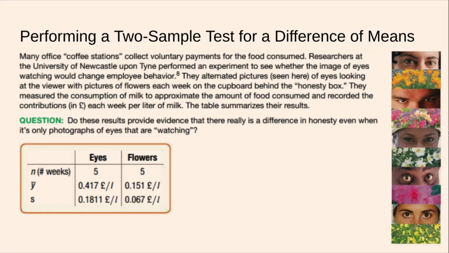We're going to look at another example about performing a two-sample test for the difference of means. Many office coffee stations, so says our textbook, collect voluntary payments for the food consumed. Researchers at the University of Newcastle upon Tyne performed an experiment to see whether the image of eyes watching would change employee behavior.